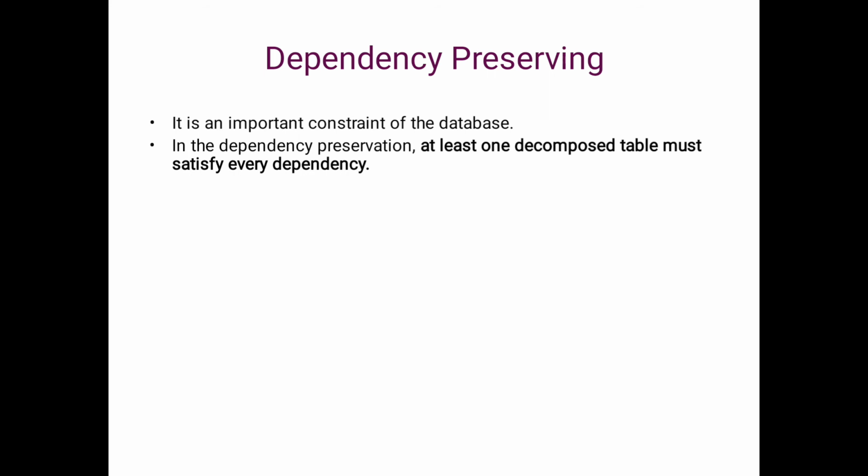After that we decompose that table into two tables. Then find the functional dependencies of the first table and of the second table. Now, functional dependencies of the first table union functional dependencies of the second table is equal to the functional dependencies of the original table, then only that is dependency preserving, otherwise that is not dependency preserving.